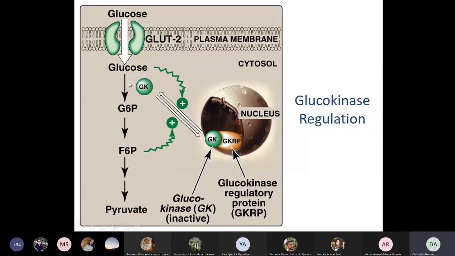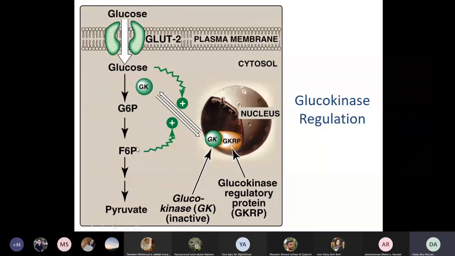More glucose in the cytosol would activate glycolysis, to glucose 6-phosphate, to fructose 6-phosphate, etc., until we reach pyruvate. The high concentration of fructose 6-phosphate ends up in the production of pyruvate, then pyruvate to acetyl-CoA, and acetyl-CoA to the Krebs cycle and production of a high amount of energy.